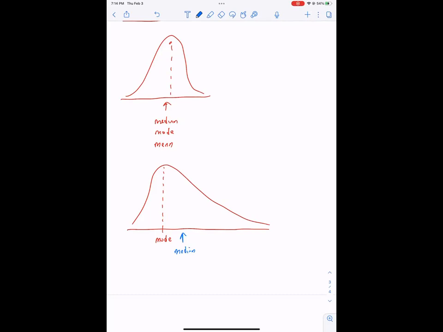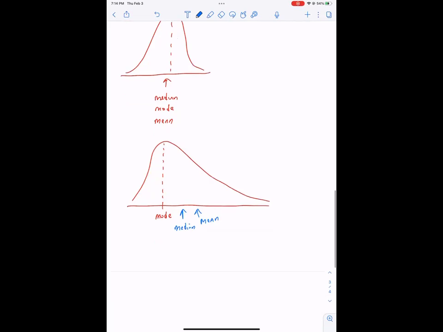Median. The median's harder, which means the mean is going to be pulled further in the direction of skewness than the median. So if you have a right skewed graph, the mean will most usually be further to the right than the median.